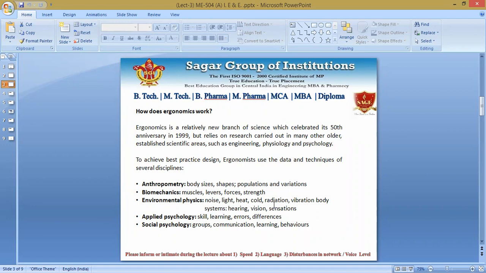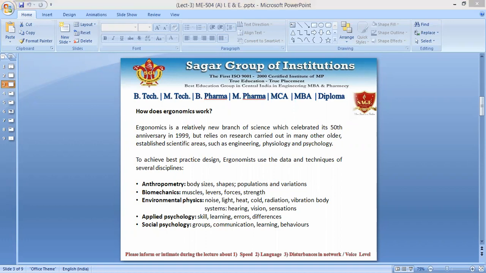So it is a combination of engineering, physiology and psychology, and certain disciplines are there to work on. Like, the first one is anthropometry.